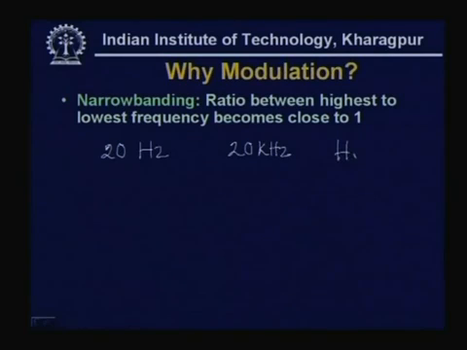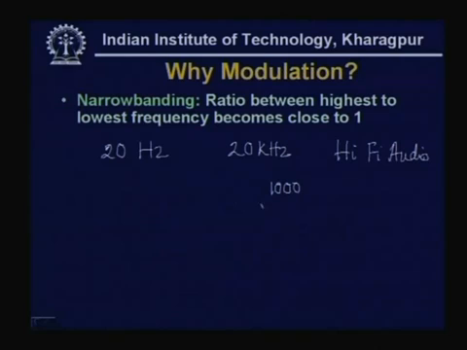So, you can say hi-fi audio. Obviously, you are sending music and other things. So, you see the ratio of the highest frequency to lowest frequency is quite high. That means the highest frequency is 20 kilohertz and the lowest frequency is 20 hertz. The ratio between highest frequency to lowest frequency is 1000.